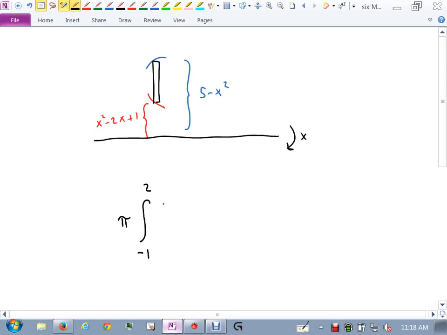But instead of f minus g, it's f squared minus g squared. So all you have to do is the f squared and then the g squared dx. That's it. That's if we go about the x-axis.